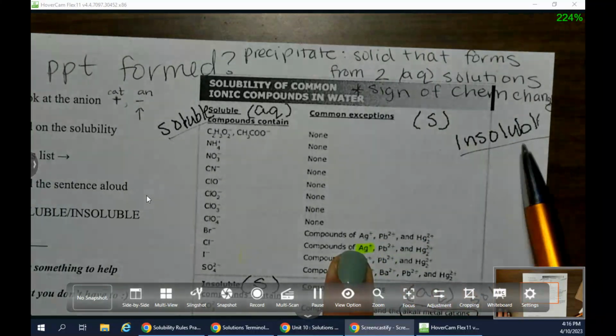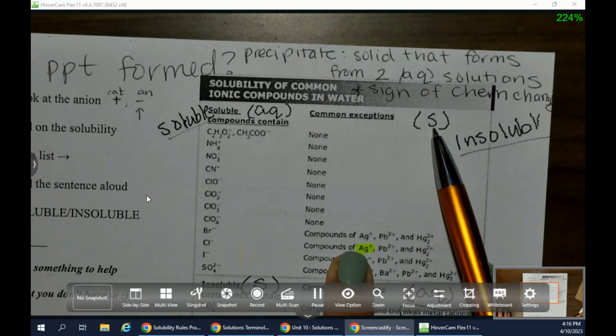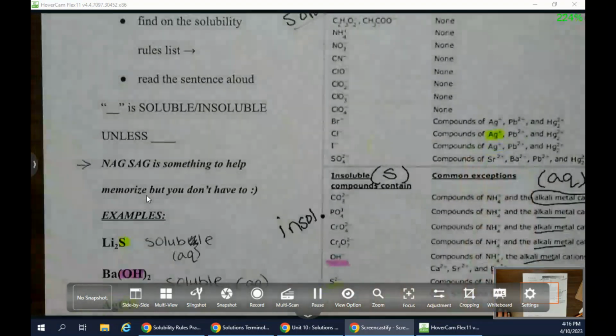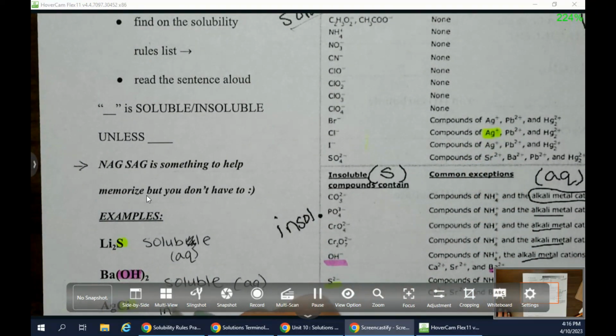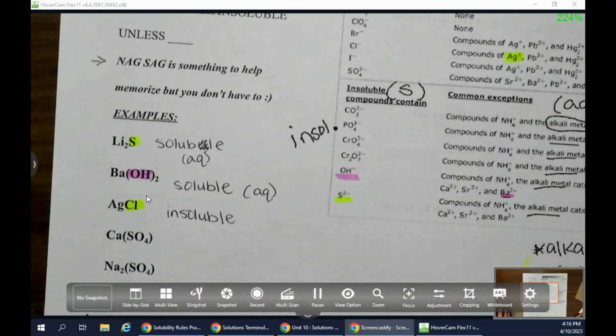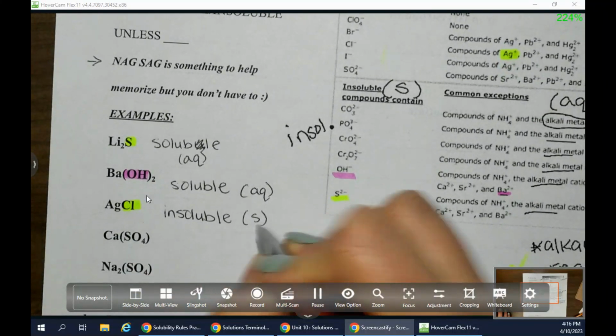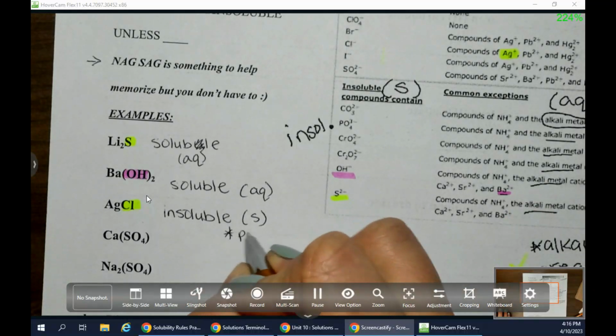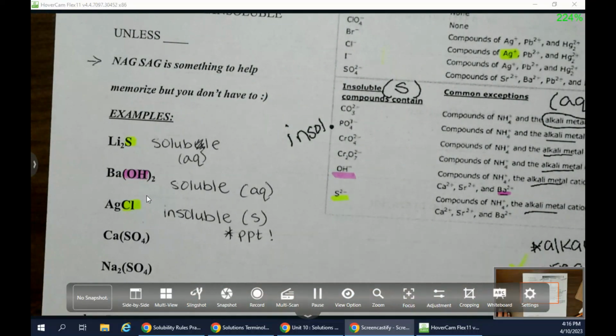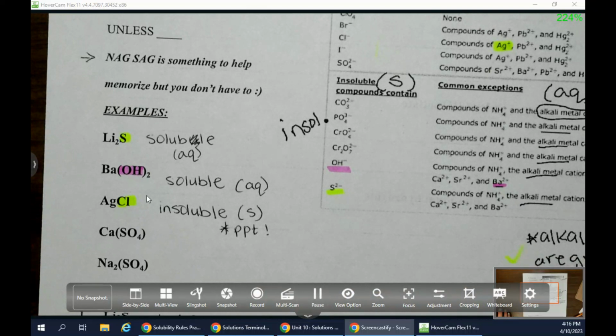It's insoluble, the solid, which means it's the precipitate. Okay? So insoluble, which means it's a solid. That is a precipitate. Okay? You see how we're doing that?